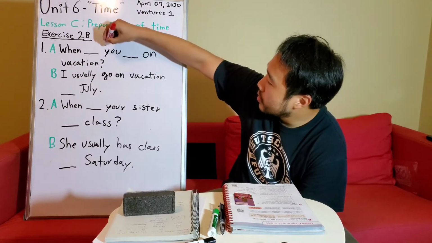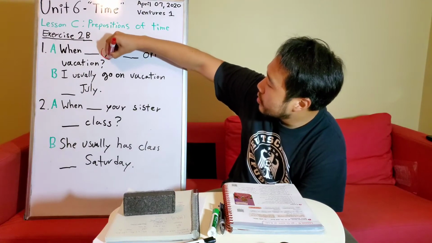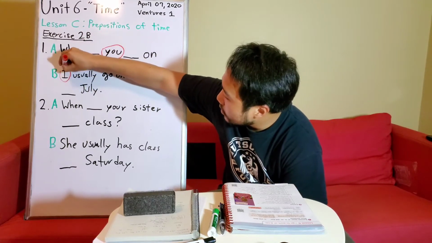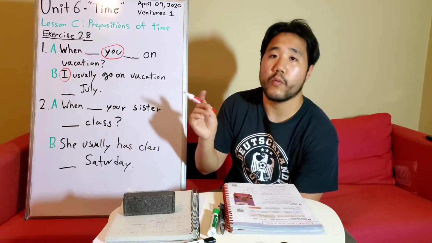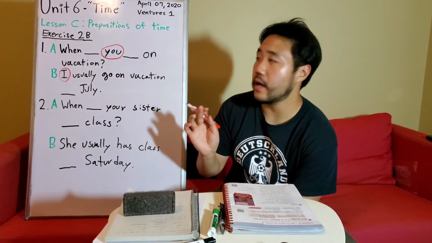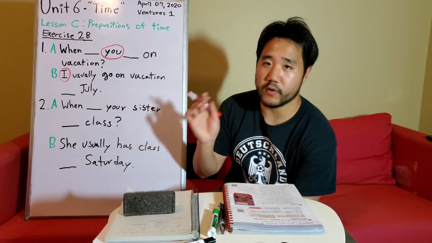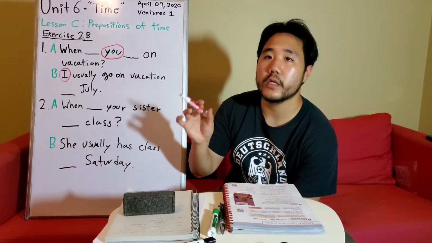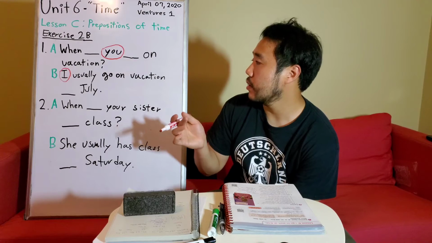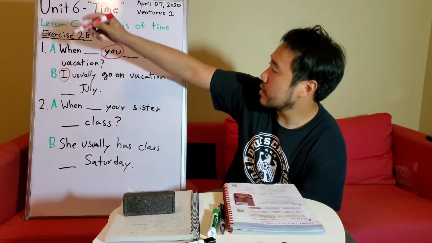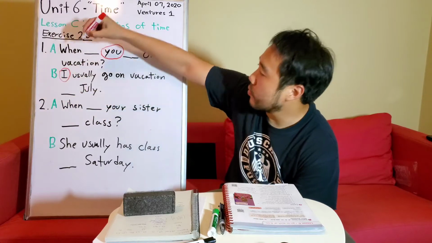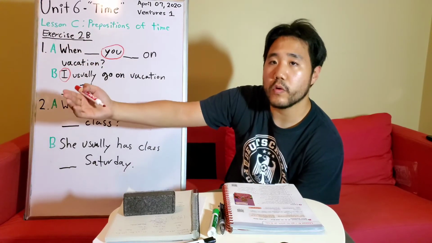you as the subject pronoun and I. So this means we don't need to add an S to our verb, because it's not a he or she subject pronoun. And when we ask a question, remember we have to use do or does.